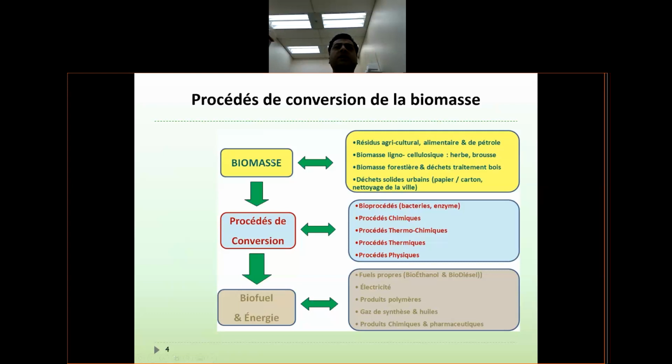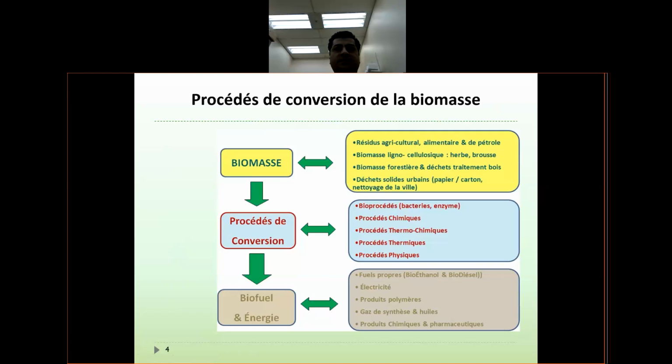So we are talking about biomass. As we said before, we have different sources of biomass like agricultural residues, food residues, forestry residues, municipal or industrial waste, even biodegradable materials.